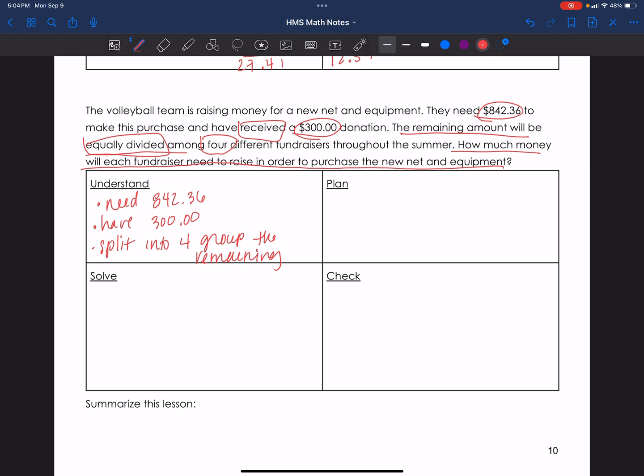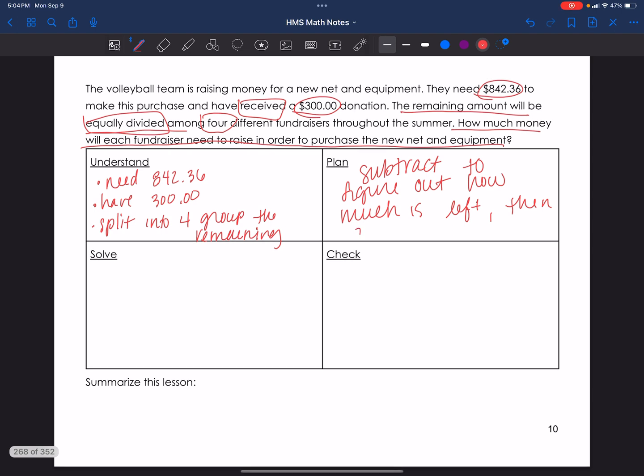All right, so my plan is to subtract and then divide. Subtract, figure out how much is left, and then divide by 4, right? Oop, I don't know what that was.